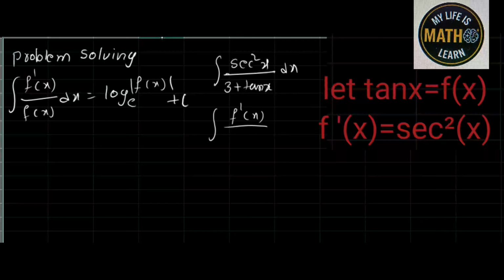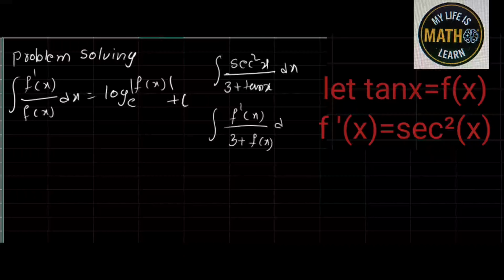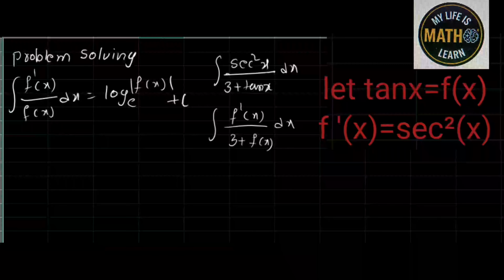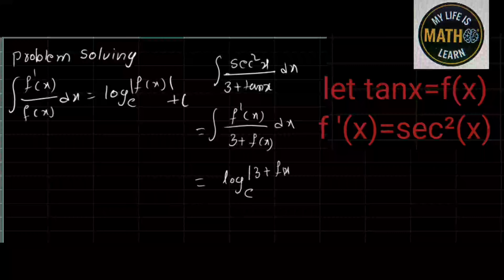So secant square x is f dash of x and tan x is f of x. So f dash of x by 3 plus f of x dx. By the linear formula we can apply, so logarithm of base e of 3 plus f of x, that is equal to logarithm of base e of 3 plus tan x plus c.